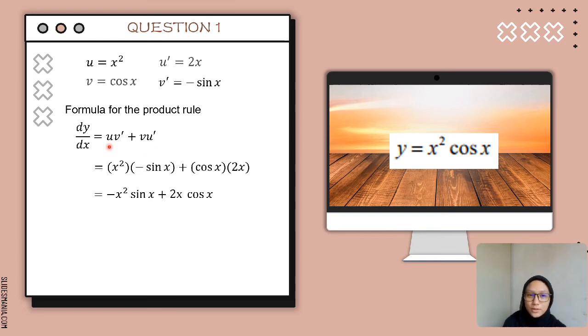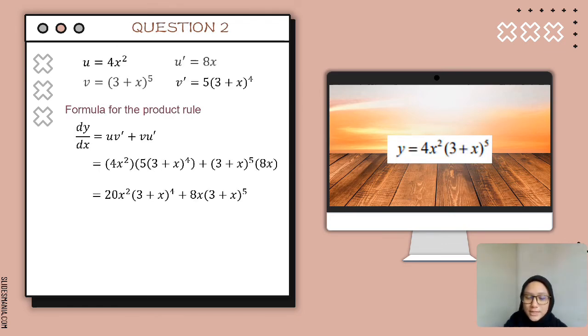So our u is x squared, our v prime is negative sin x, plus v is cos x, while the u prime is 2x. We expand and we get the answer: negative x squared sin x plus 2x cos x.